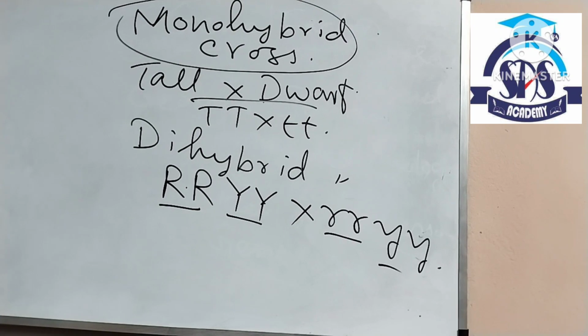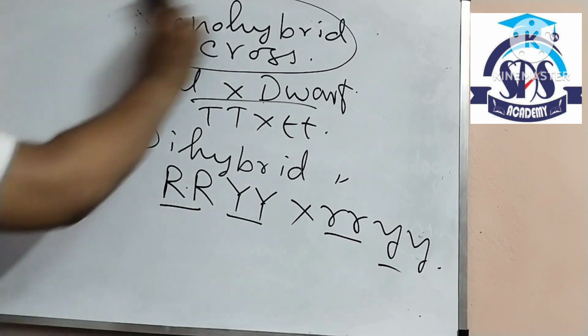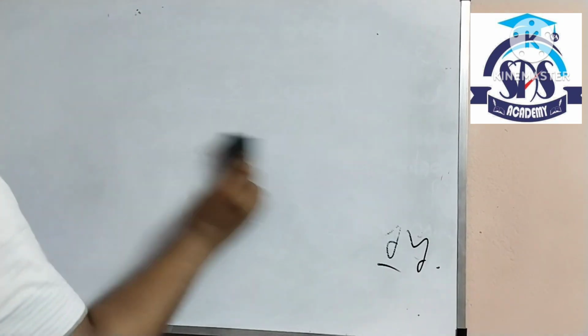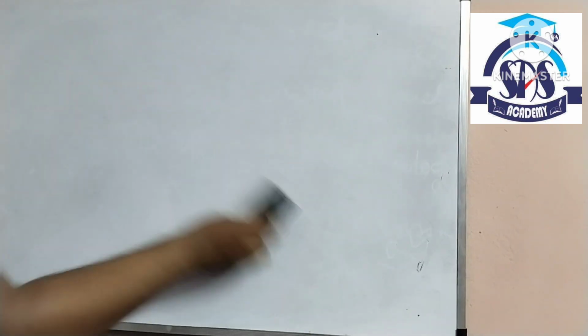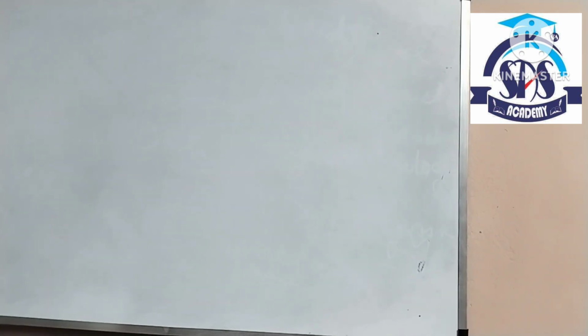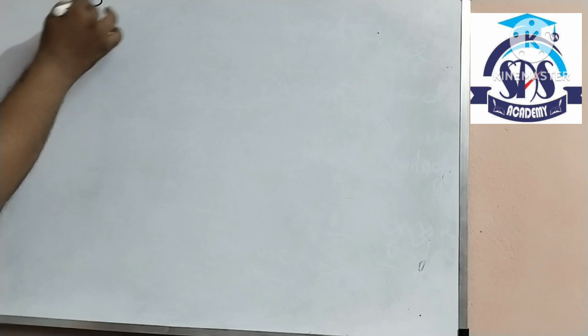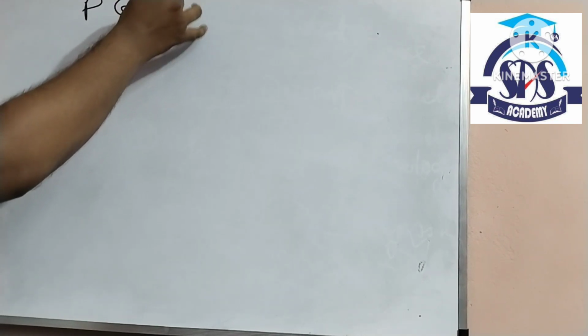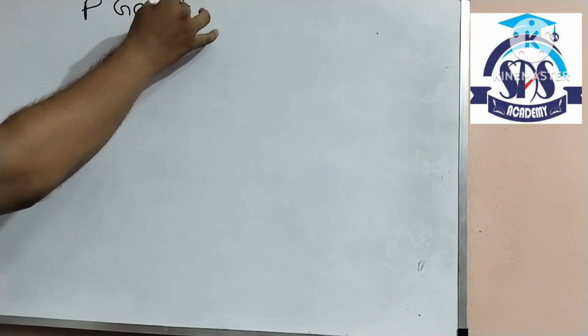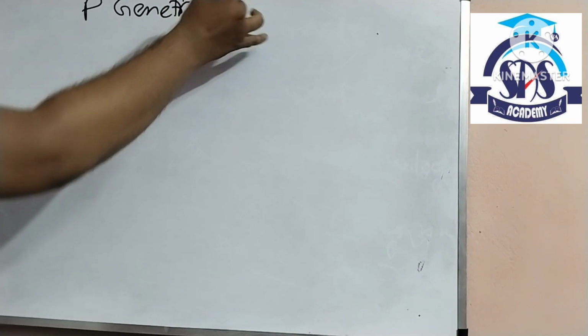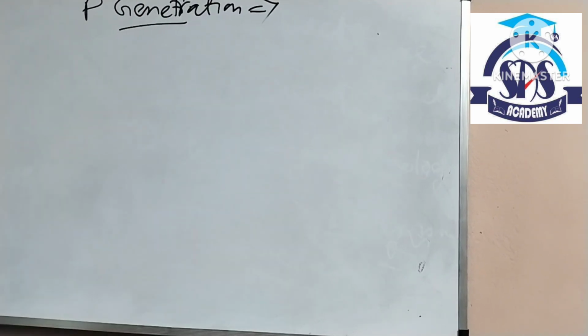In this chapter, we learn how monohybrid crosses were done in Pisum sativum by Mendel. Mendel first took two pure pea plants.